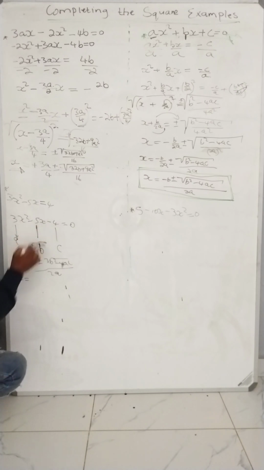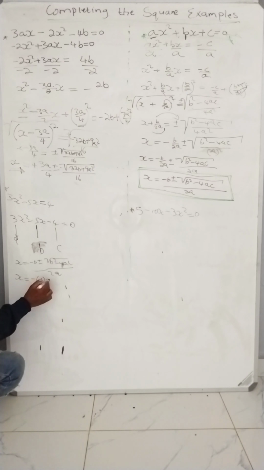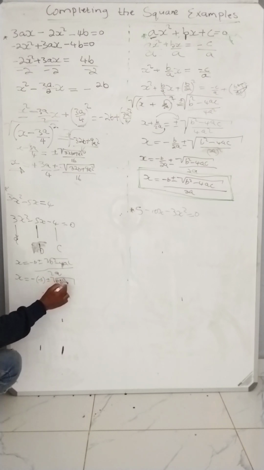Your b is minus 5, so you've got minus into minus 5, plus or minus the square root of b squared, where b is minus 5, so you have minus 5 squared minus 4 into a, which is 3, and then your c, which is minus 4, all over 2 into minus 5, which is your b, you see.